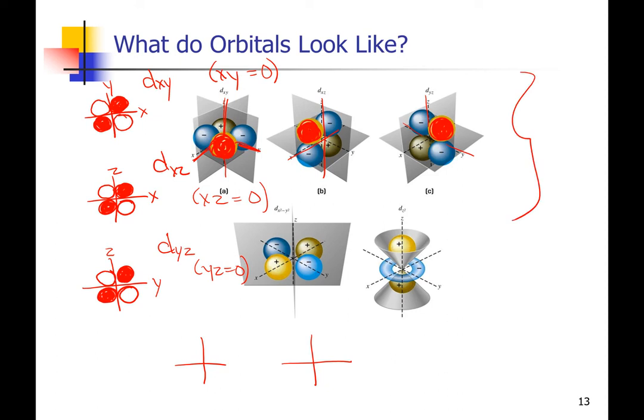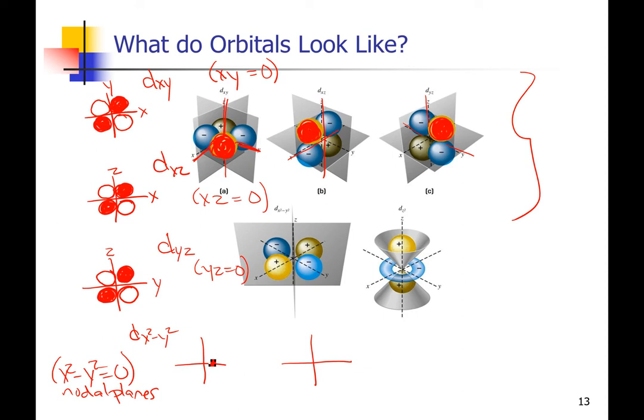The next easiest one to draw is called the dx squared minus y squared. Why is it called that? Well, because its nodal planes are defined by the fact that x squared minus y squared equals 0 for the nodal plane. And what does that mean?